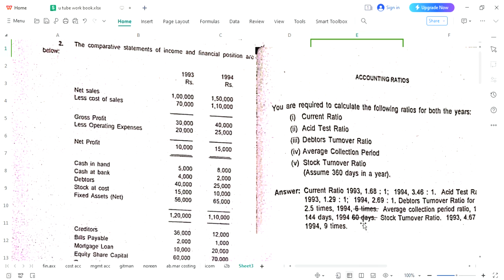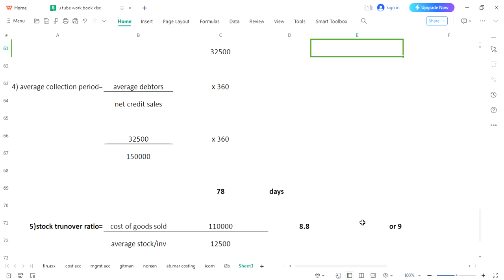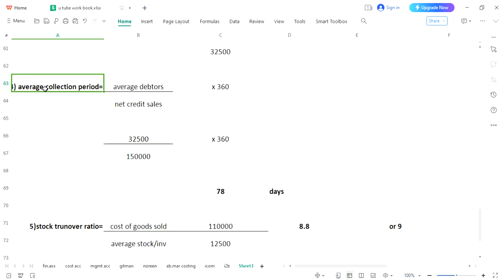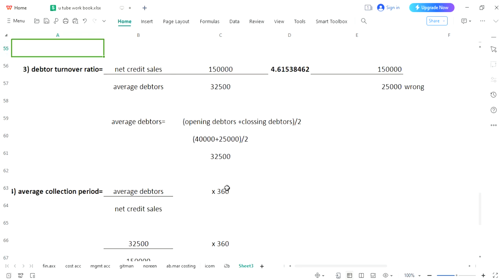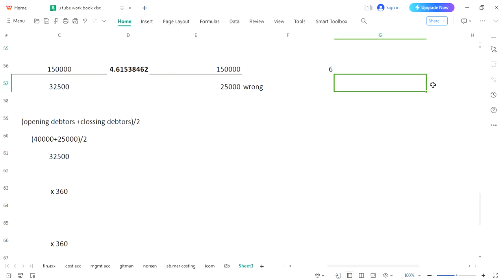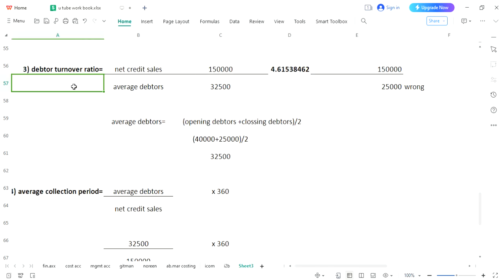Instead, in the second part, this was your average collection period: instead of 60, you will write 78. And I have told you that we calculated 6, but if you don't calculate average, your answer would be wrong.